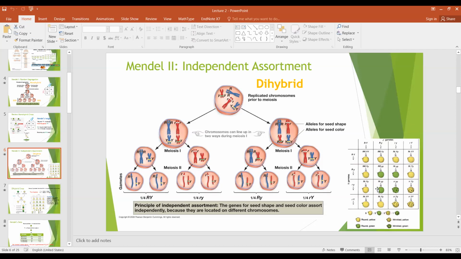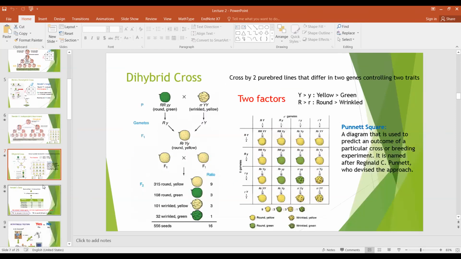In this case, we can use a 4x4 Punnett square to help us understand the genetics behind the so-called dihybrid cross. When we talk about the dihybrid cross, we have a new ratio.